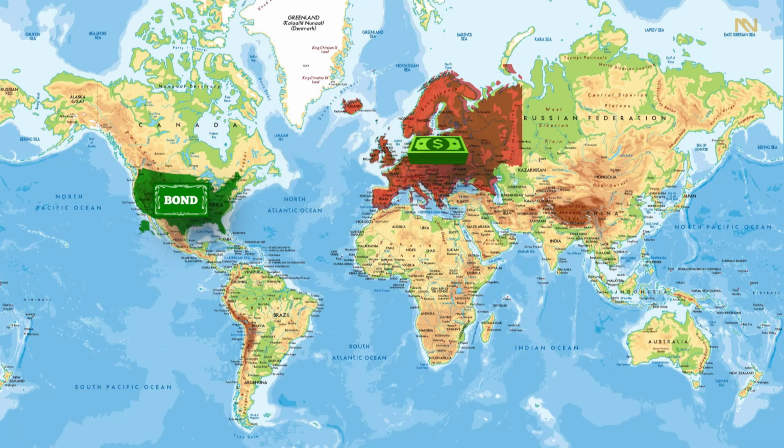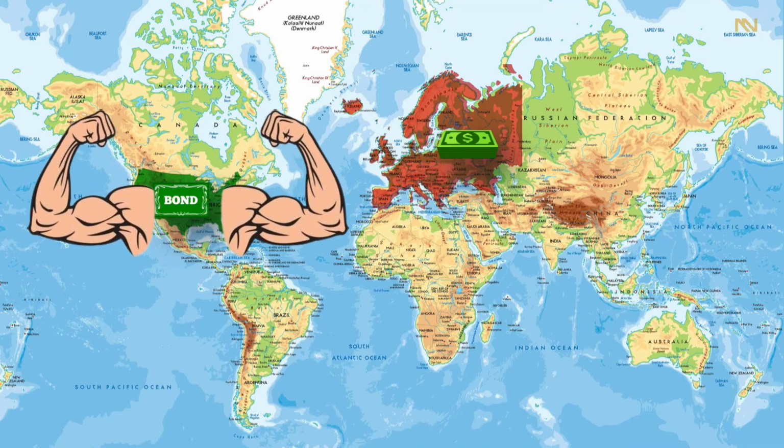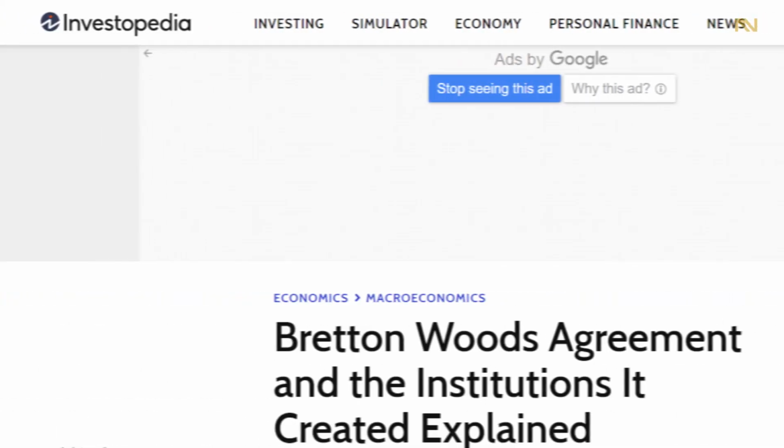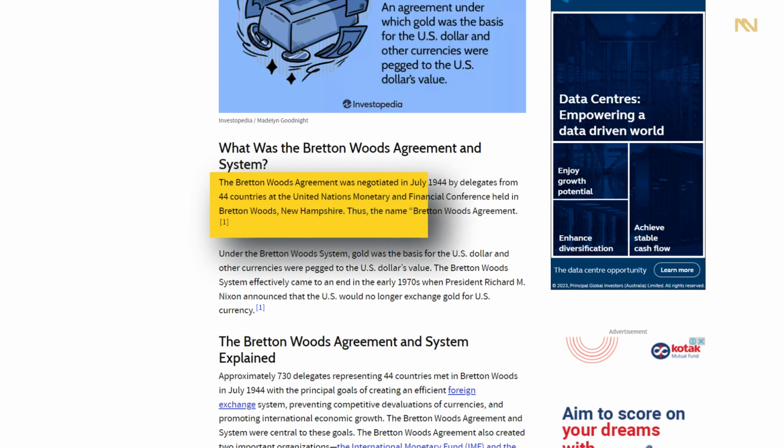This war gave a huge push to the United States economy. As all the countries had taken loans from the USA, the USA demanded that they repay the loan in USD itself, whether or not the USD price inflates. So in 1944, representatives from 44 nations gathered in Bretton Woods to hammer out the details of a new system that would replace the global currency.